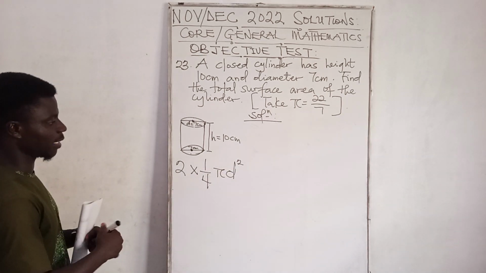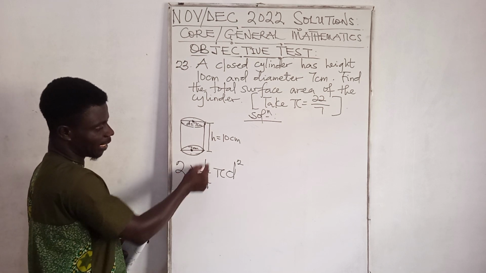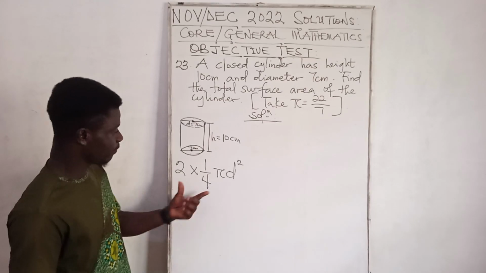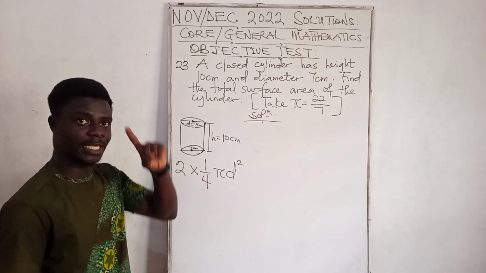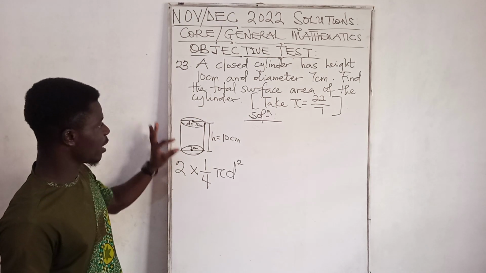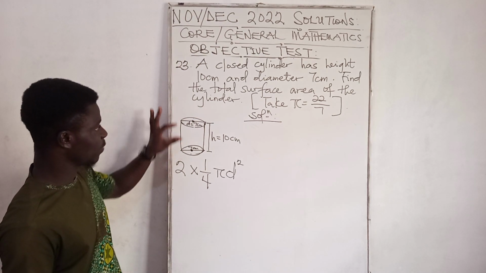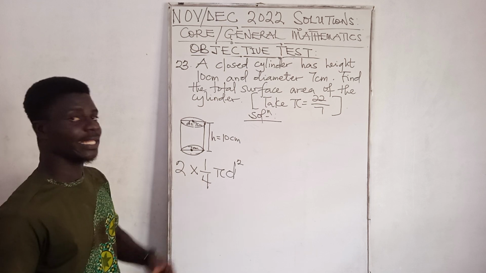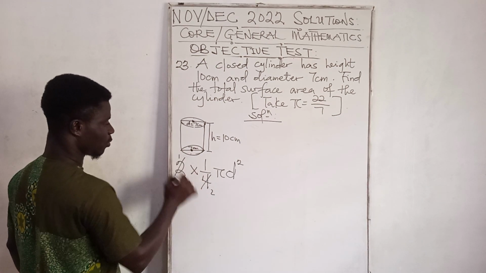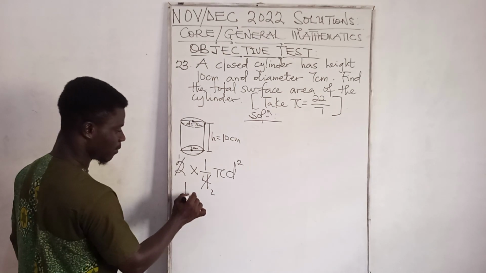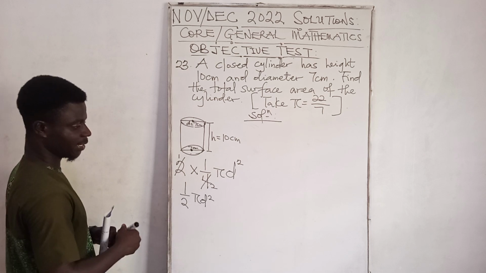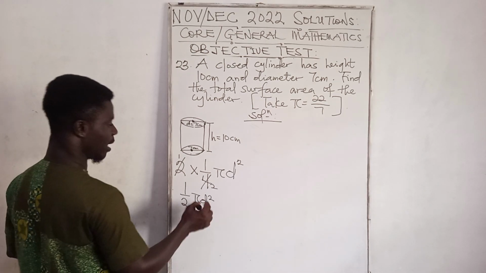So I can use that. I multiply 2 times 1/4 pi d squared, because 1/4 pi d squared is one area of a circle, and I have two circles. This one cancels, so I get half pi d squared.